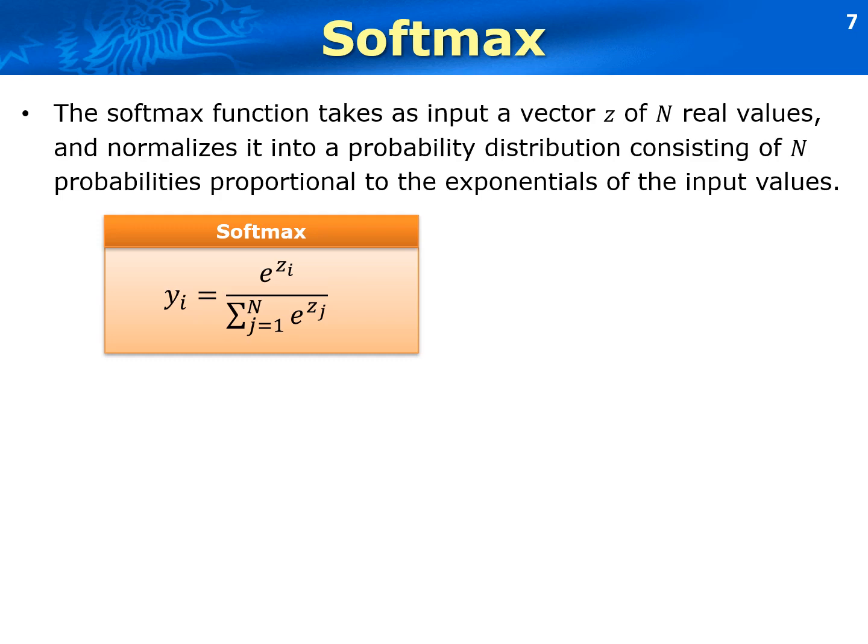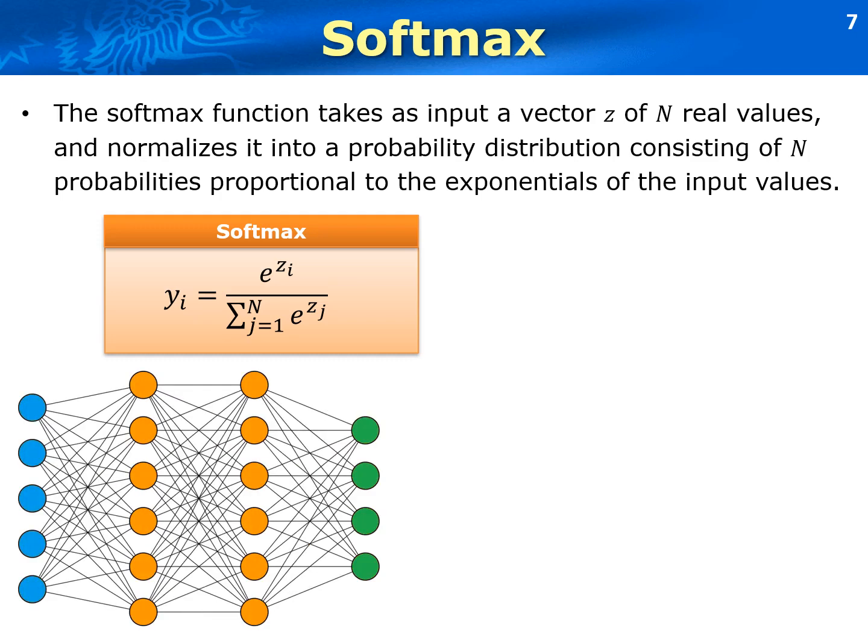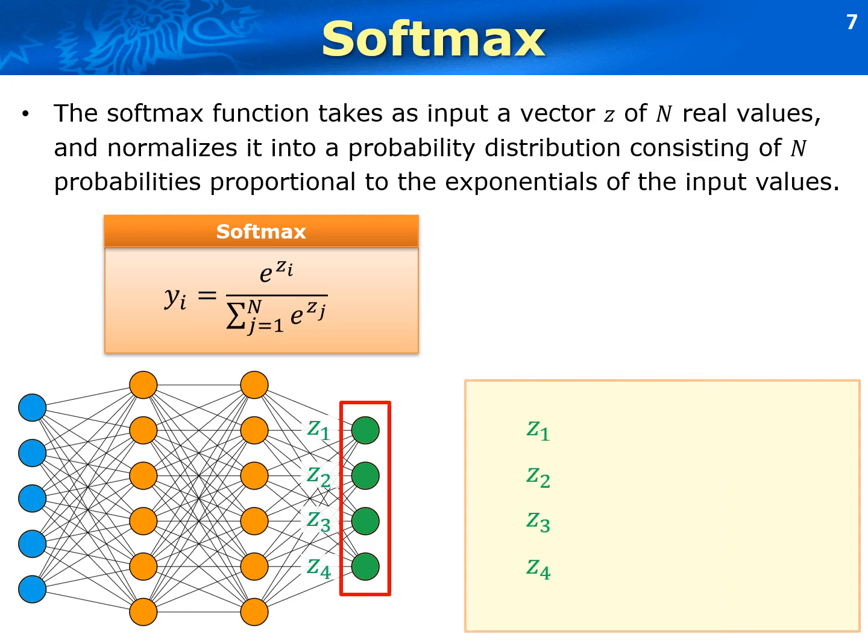For example, suppose we have a neural network that classifies input data into one of the 4 classes. Before softmax is applied, the predicted value of each ith neuron at the green layer is Zi. They are stacked together in a column vector Z, which is the input of softmax.